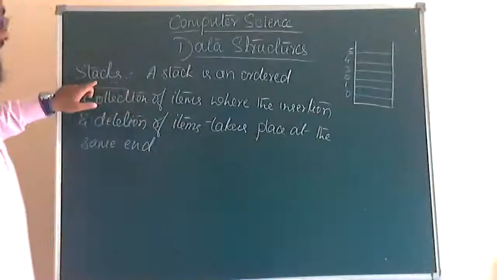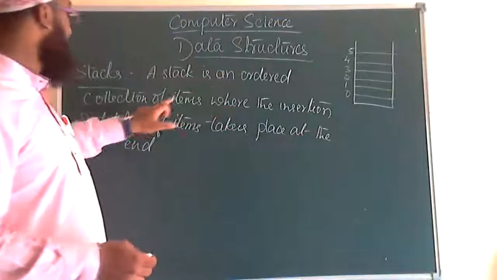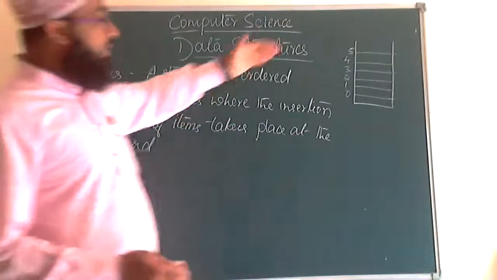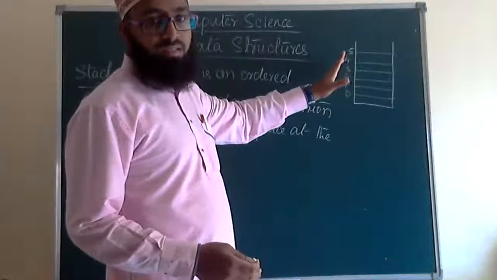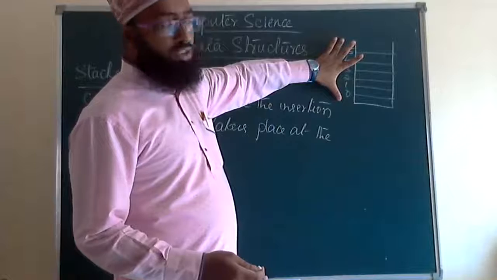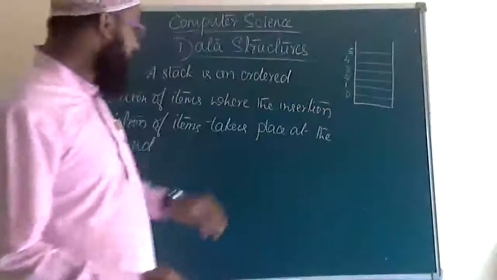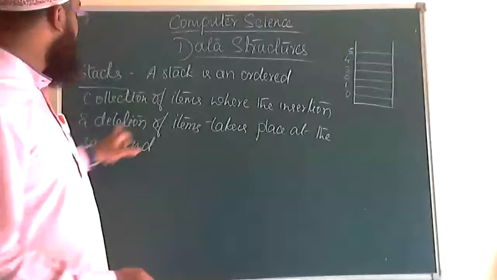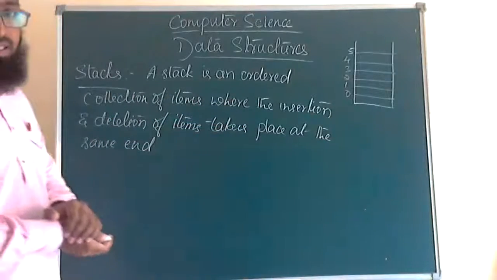Here, what does a stack define? A stack is an ordered collection of items. Items are collected orderly in a stack. Then, the insertion and deletion of items takes place at the same end.